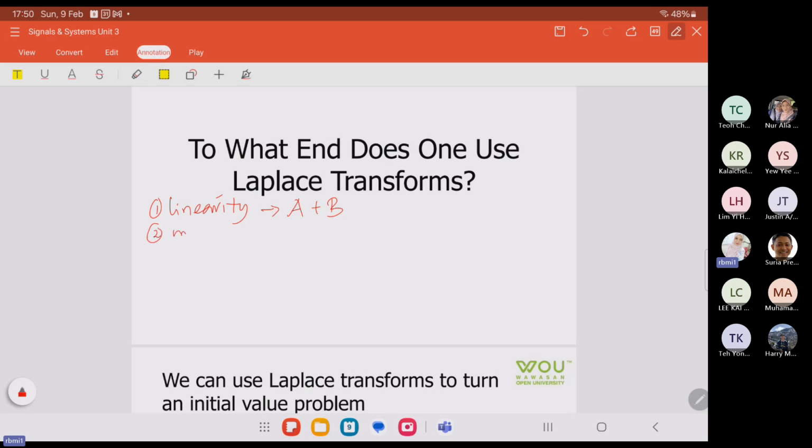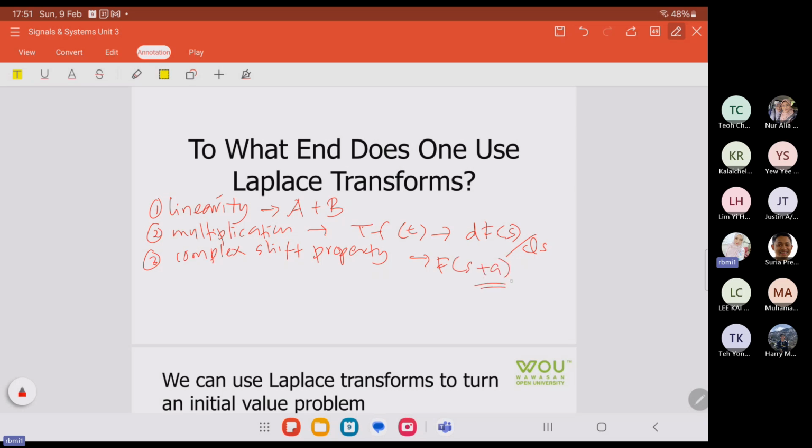Then we have the complex shift property, to get F(s plus a). So this is the shifting property.